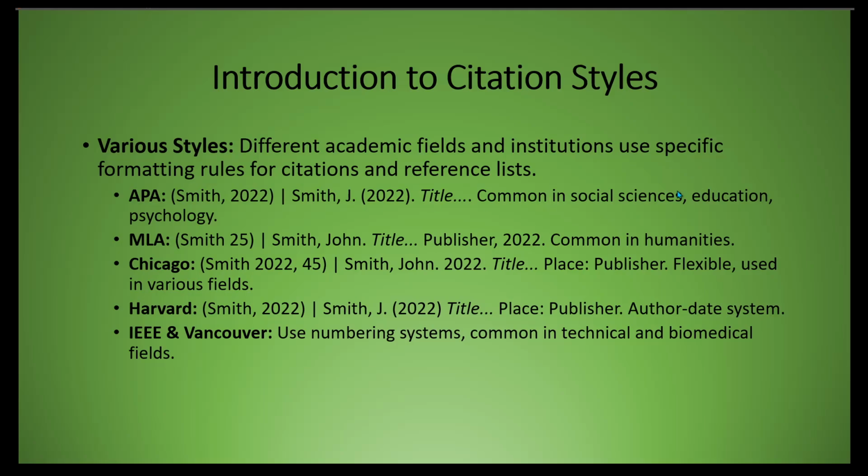APA is used in social science, education, psychology, sometimes in business. Harvard is sometimes used in business. Again, the IEEE is used a lot in engineering and technical fields, and biomedical, but it really depends on who you are writing for. So they're all slightly different, but they're all pretty much similar.